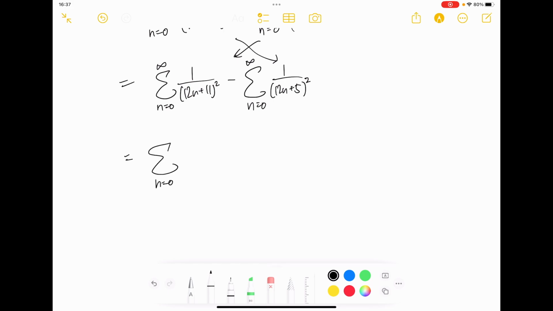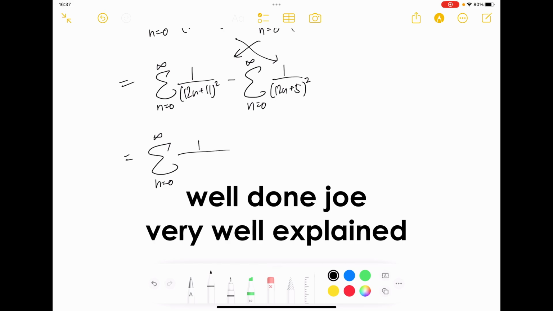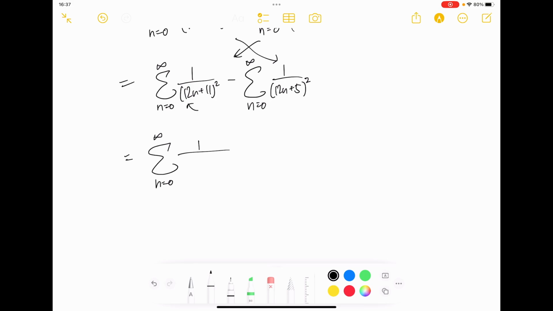We do that by factorizing a 12 out from the bottom. Because we can't just factor out a 12 on its own, since it's 12 squared technically, we can write this as 12 squared times n plus 11 over 12 squared.